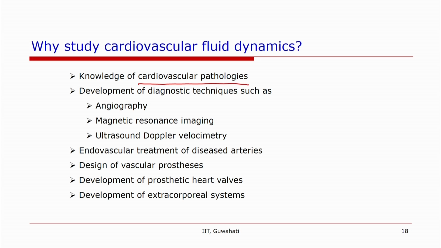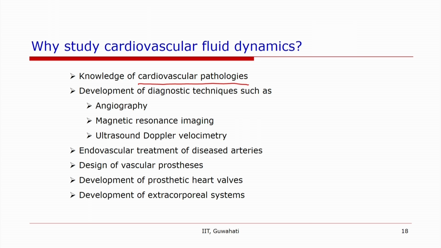At the same time, for different diagnostic techniques, for example, when the surgeons carry out bypass heart surgery or angioplasty, they need to understand the flow rates, or they need to have access to the arteries, or they need to image the arteries.